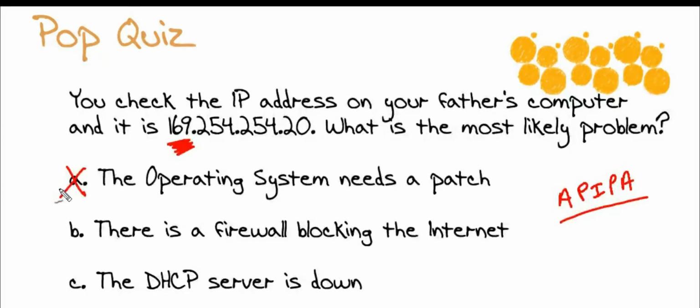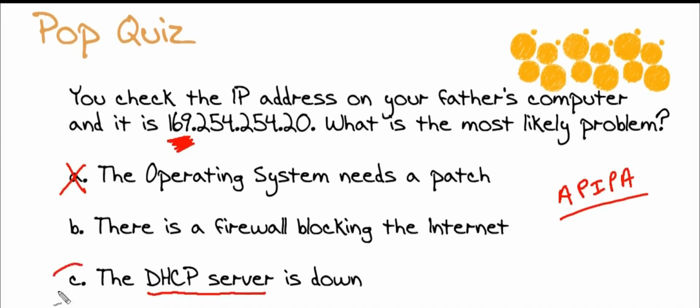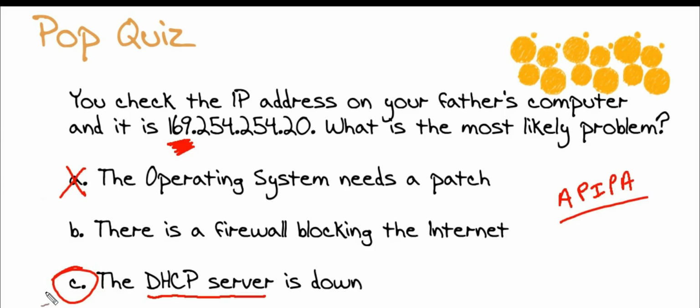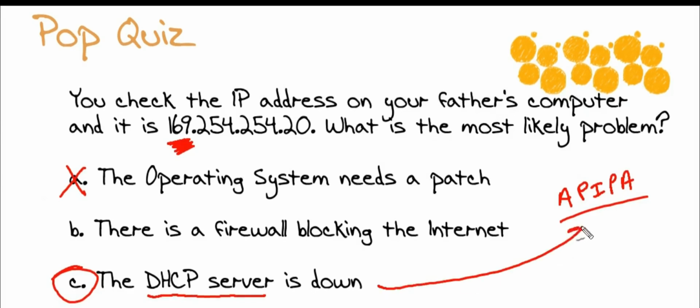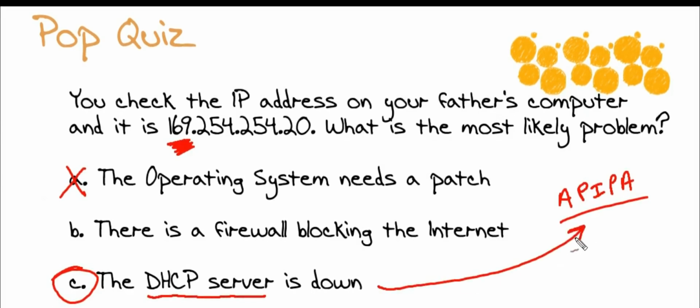There's a firewall blocking the internet. Well, I guess there could be a firewall blocking our access to DHCP, and that is the most likely problem here. We are not getting our DHCP information, so the machine is creating its own IP address information using APIPA. Remember how much we love to say it?